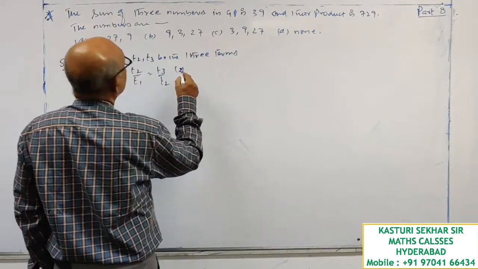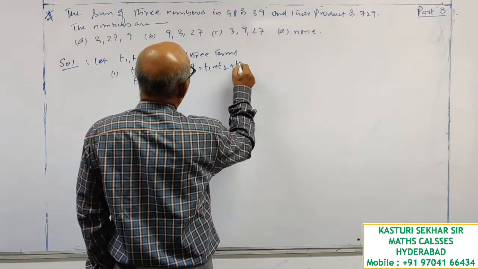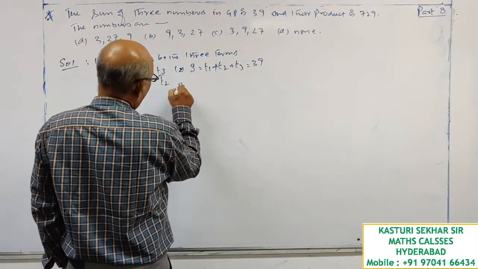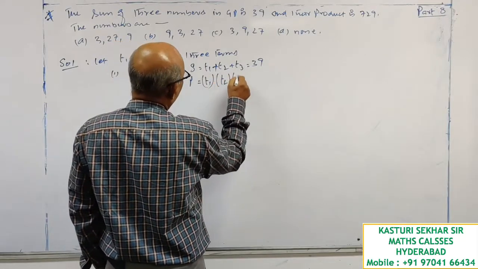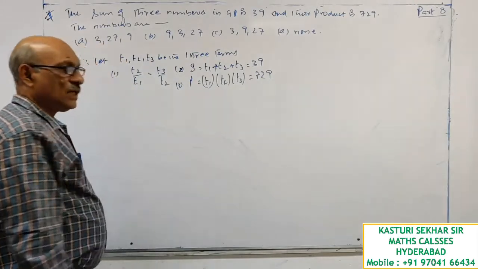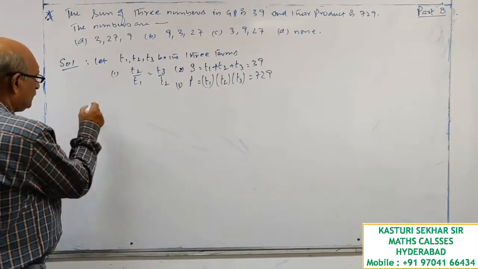Second condition, S is equal to T1 plus T2 plus T3, this is 39. Third one, product T1 into T2 into T3 is 729. The option which satisfies these three conditions is my answer.